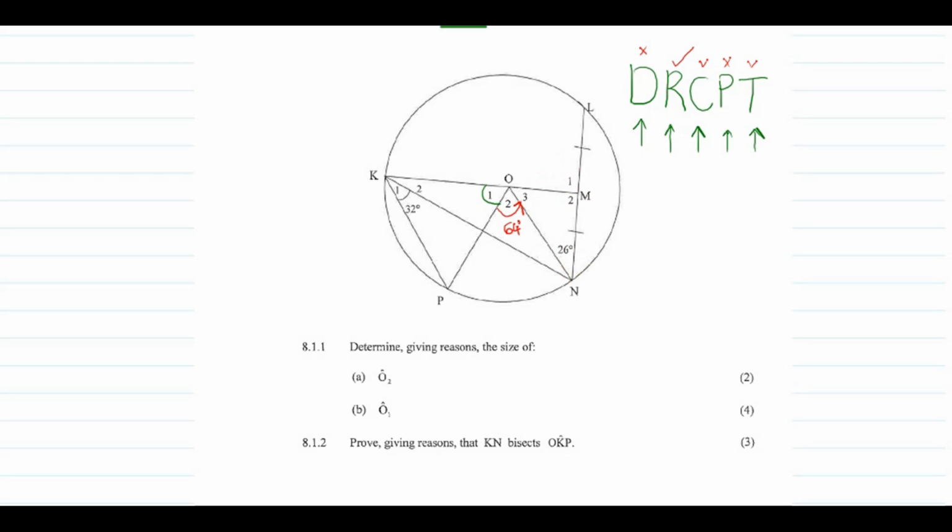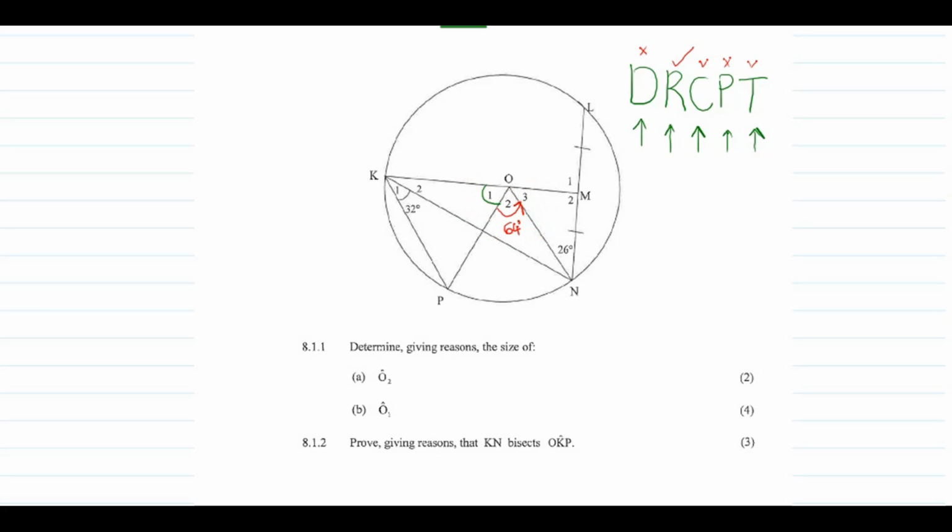How does that help us to get to our O1? Do you agree that to get our O1, we first need to get our O3, and once we have our O3, we simply use what we know about angles on a straight line to get our O1? So if we can get our O3, then our problem is solved. How do we get our O3, guys?